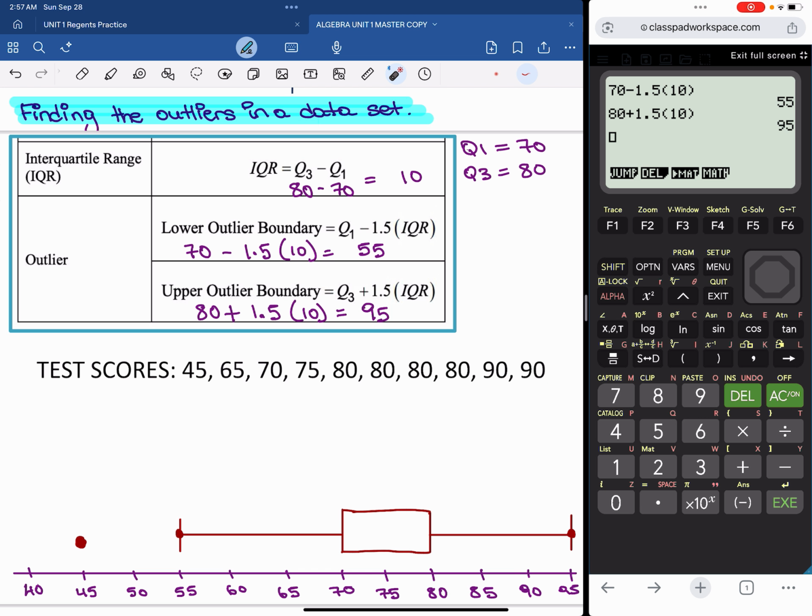However, it's not always true that the number we guess is going to be an outlier. Sometimes there could be a number that's significantly smaller than the rest of the data, but it could still not be an outlier. So it's always good to double check and calculate it.